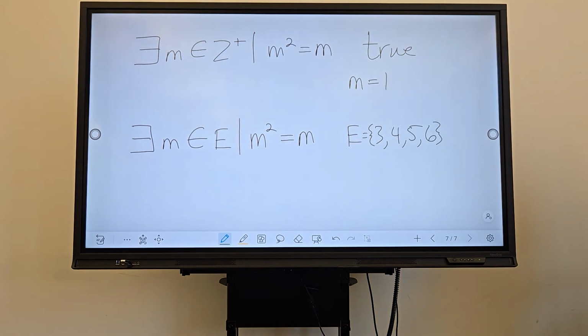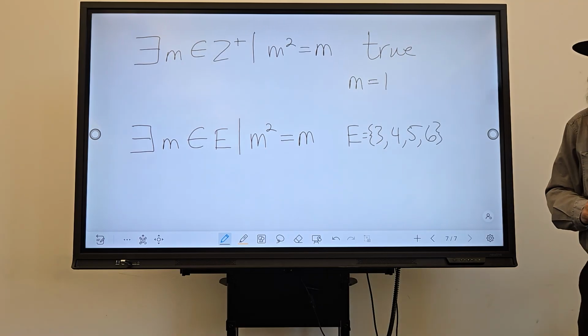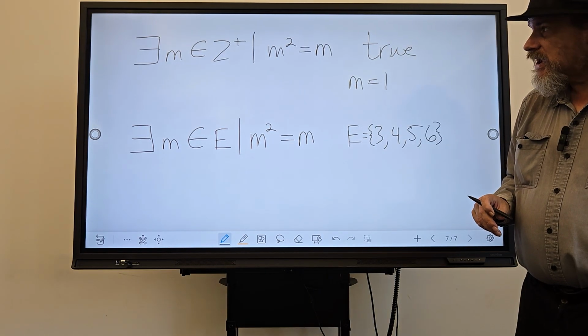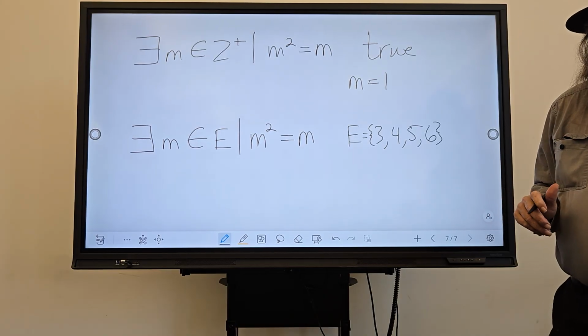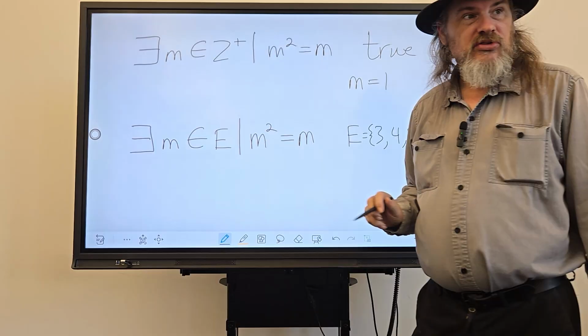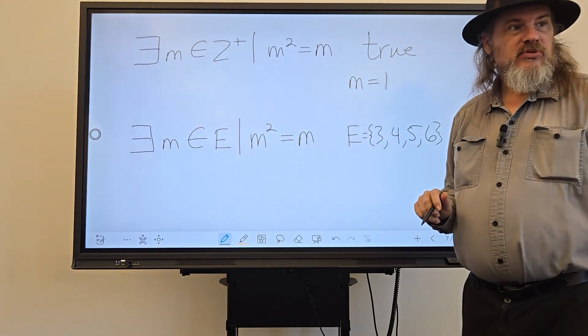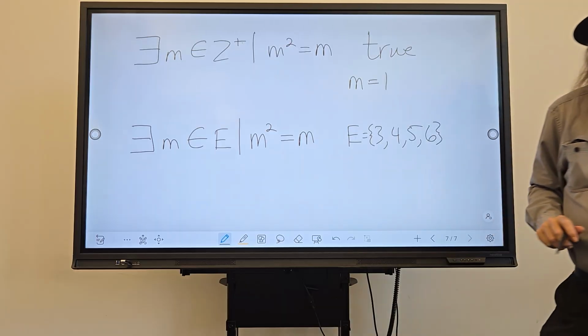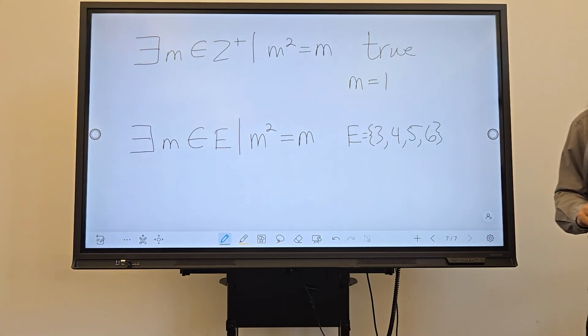There exists m, yes, m an element of positive integers. Z is integers, and then the plus up here makes it positive integers.